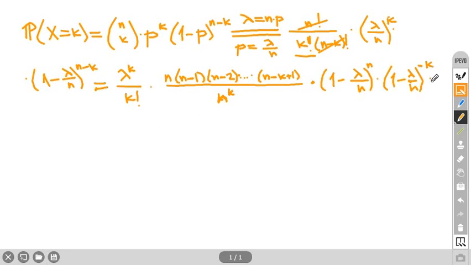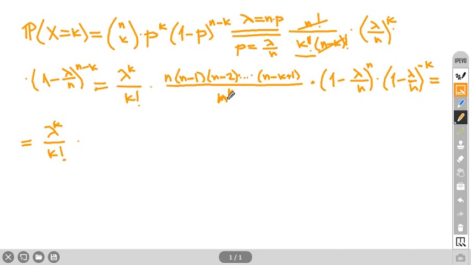Okay, let's move forward and write this product in the following form. Lambda to the k over k factorial, times, well, I want to divide separately each term of this product.